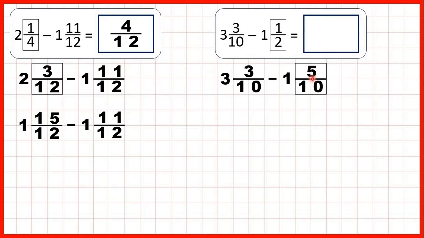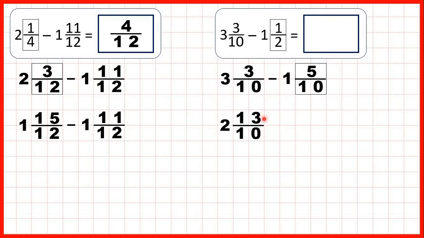But here 5/10 is larger than 3/10, so again we need to exchange with our whole number. We need to exchange one of our wholes for 10 more tenths. So 1 less than 3 is 2, and that gives us 10 more tenths, so 10 plus 3 is 13, and the denominator stays the same.